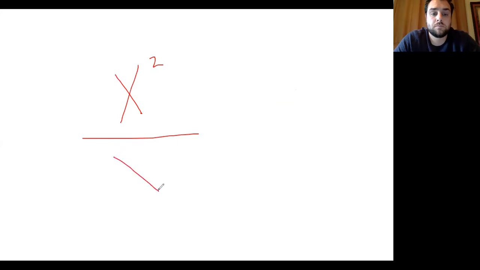Let me see what I got. Let's do this time x squared over x to the 5th. Make it a little bit bigger. Okay, this is the same thing as saying x times x.